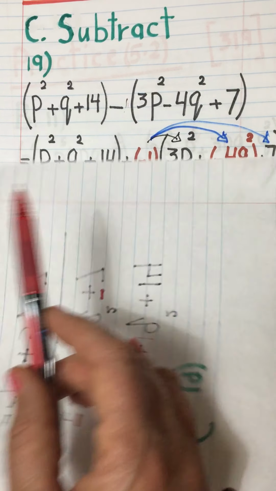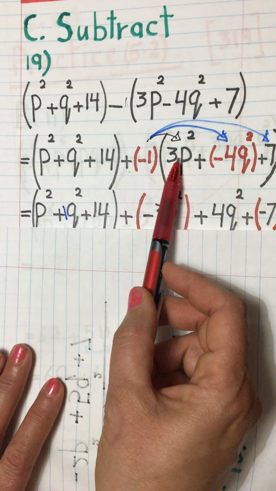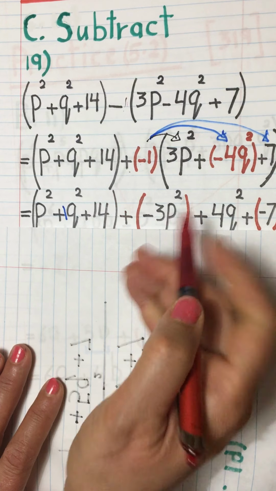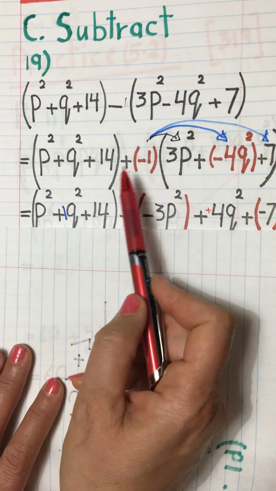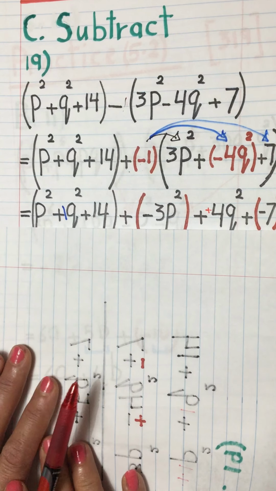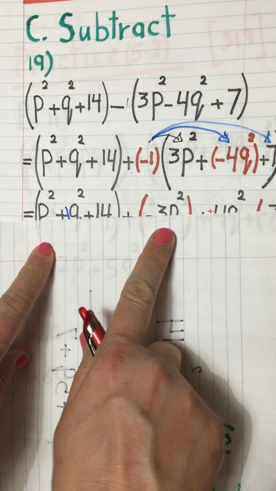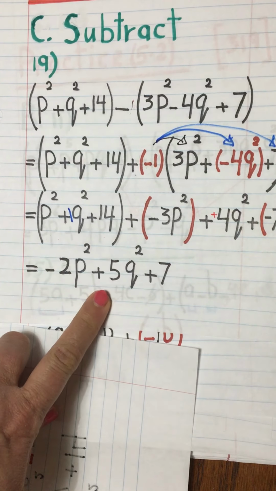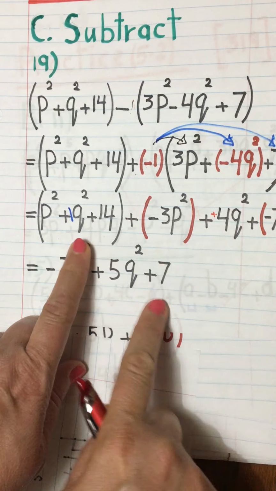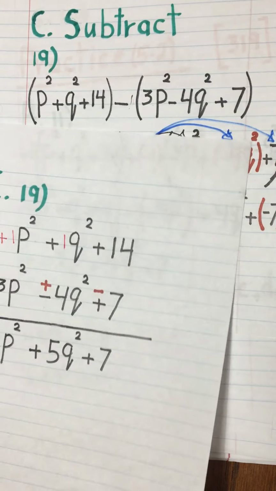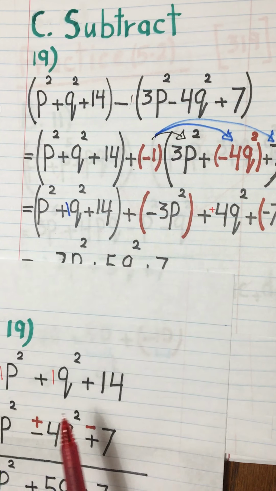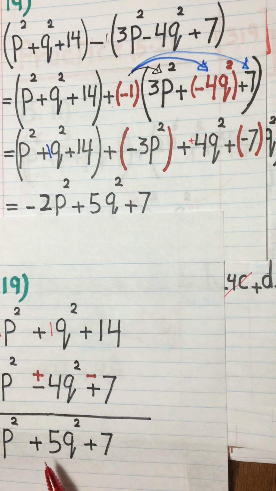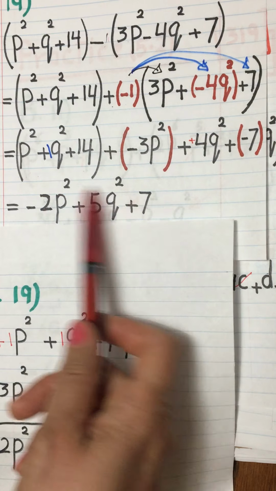I write down the first parentheses, and now I have negative 3p squared, negative times negative is positive 4q squared, and negative times positive is negative 7. Then combine the terms: negative 2p squared, add up these two terms to get 5q squared, and 14 minus 7 is 7, which is the same as before. If you look at the answer, you're going to have the same answer. This is the answer, and this is the answer.